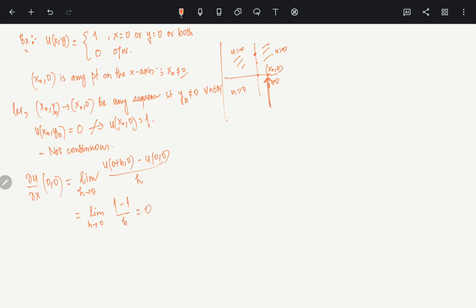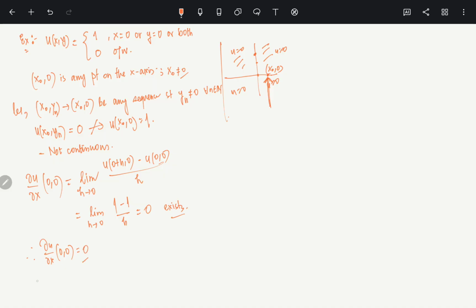So this limit exists. Therefore the partial derivative of u with respect to x at the point (0, 0) is going to be 0.